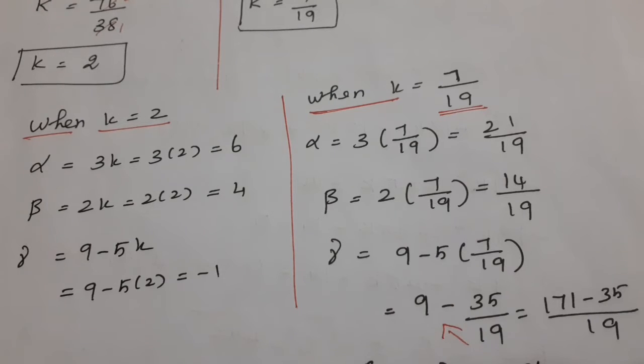Then using the formula minus b plus or minus root of b square minus 4ac by 2a, you substitute the values and get two values for k. You substitute each value of k, and we get the roots for alpha, beta, gamma. Very important sum for you students.